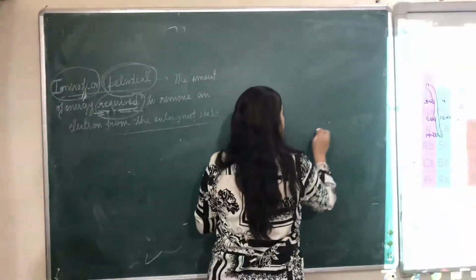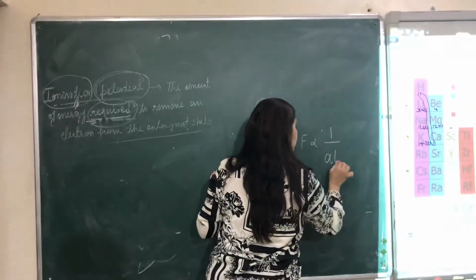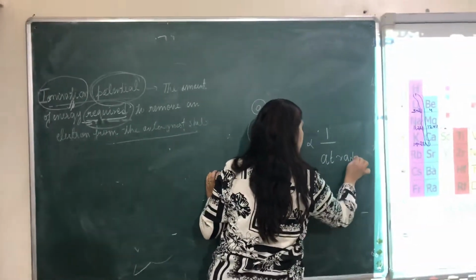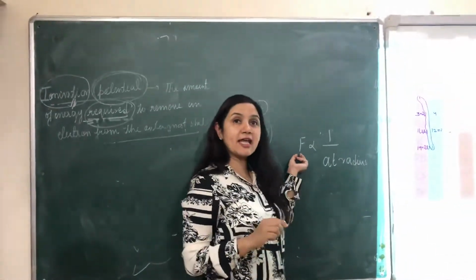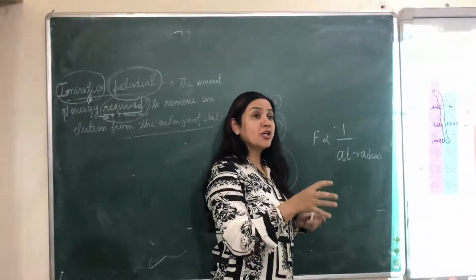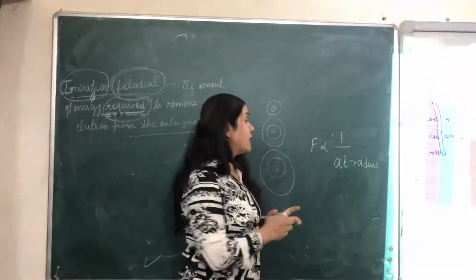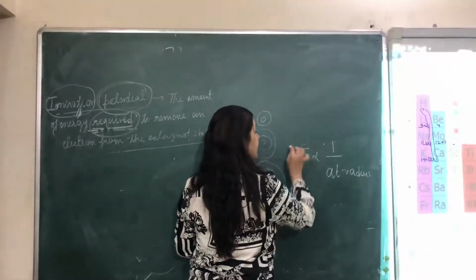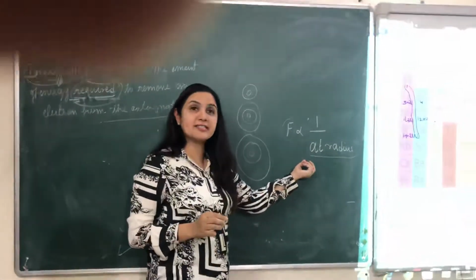There is a formula for the atomic radius. Force, this F, means the force of attraction by which the nucleus binds the electron towards itself. In this, the force of attraction and the atomic radius have an inverse relation.